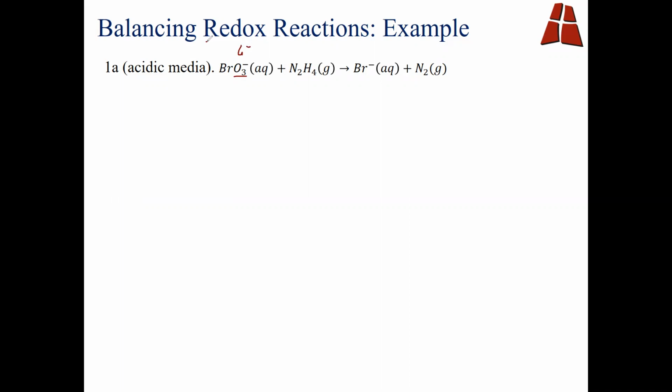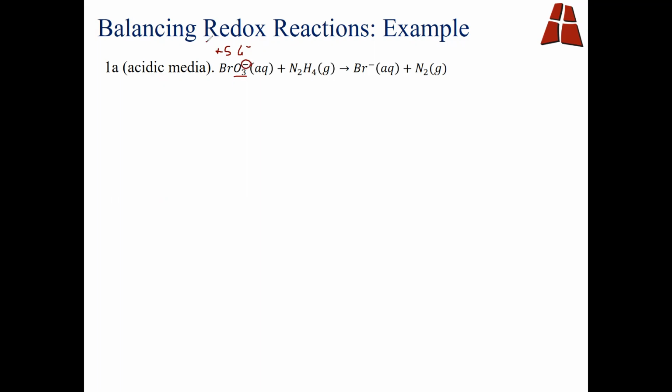Because we need our overall charge of BrO3- to be -1, the oxidation state of bromine will be +5, because +5 and -6 equals -1, which is the overall charge of our ion.